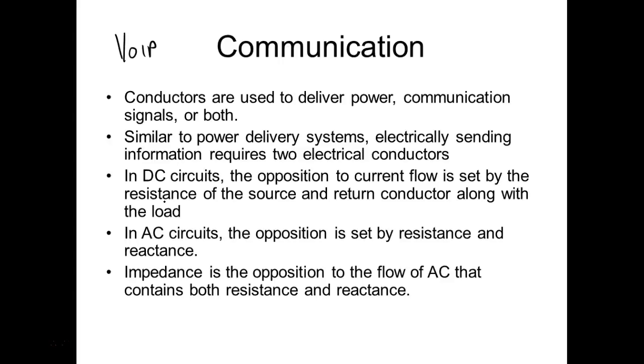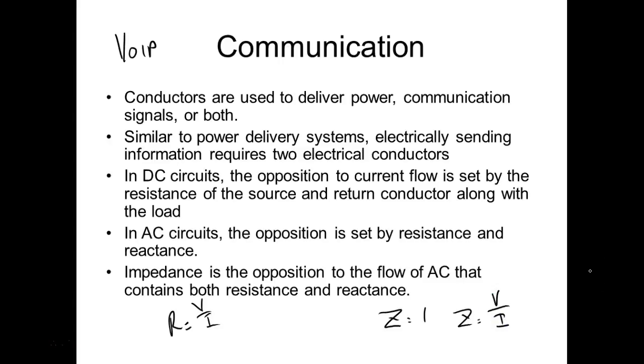In formulas, we represent this with Z. Your Ohm's law formulas are the same. Z would be equal to, what's Ohm's law for R? V over I. So Z would be equal to V over I.